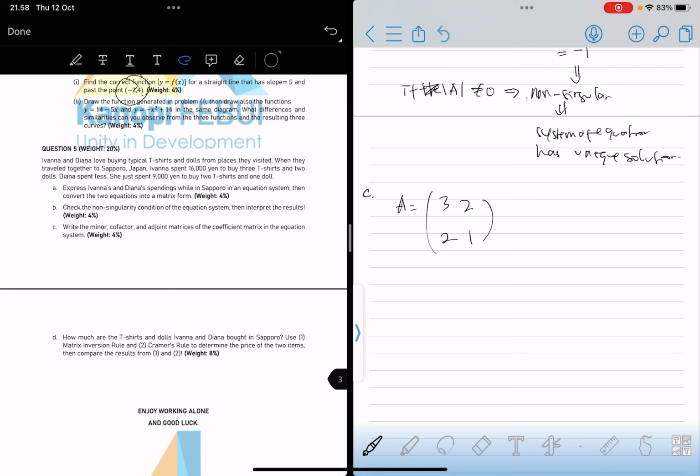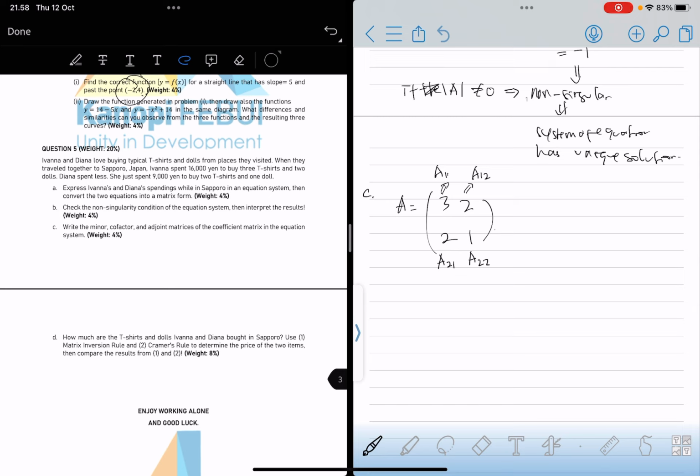So this one is A11. This one is A12, which is row 1 and column 2. This one is A21, row 2 and column 1. This one is A22.